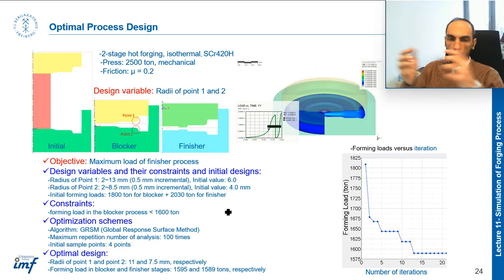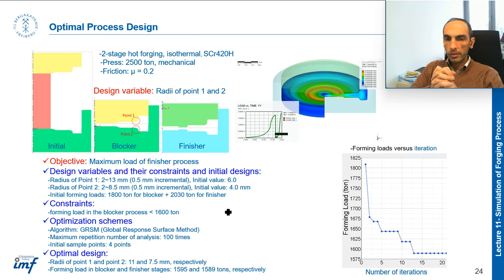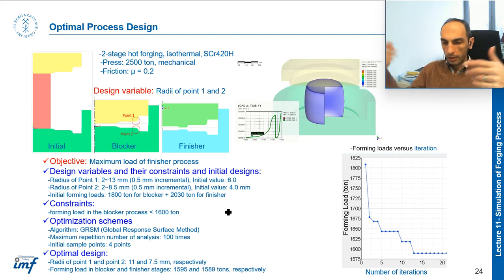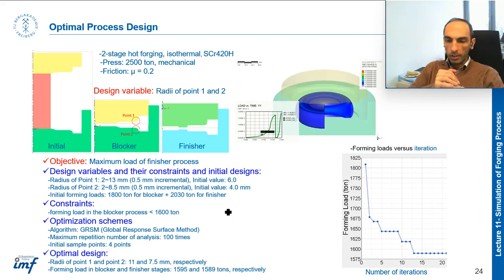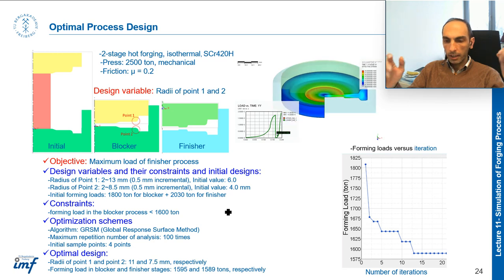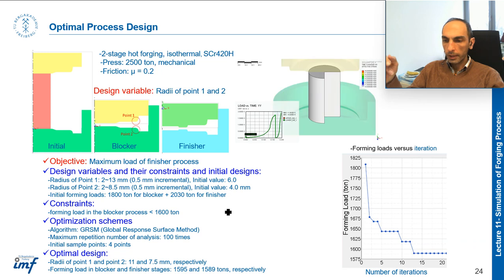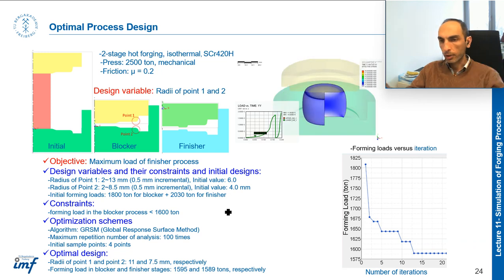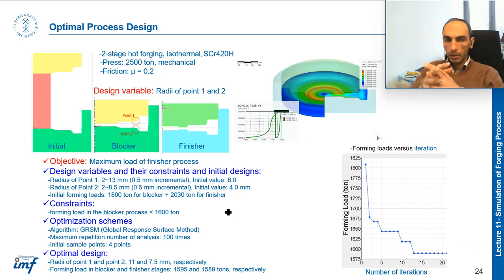And usually when you are using the optimization schemes, the runs are started automatically. So if you set your optimization scheme, then for example you can come back after 2 days or after 1 day and just see the result, how much is the minimum load at the finisher stage.